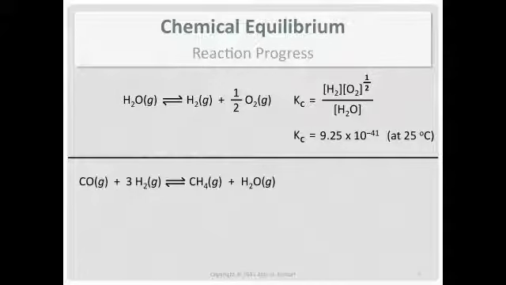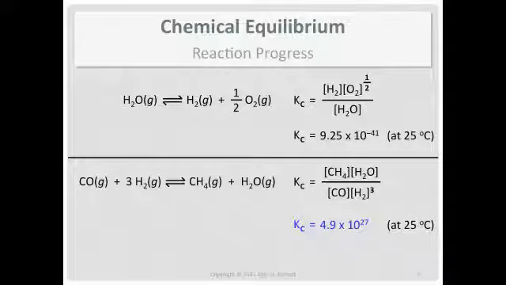Here's a methanation reaction that involves carbon monoxide and hydrogen gases, which makes methane and water vapor. We can write an equation for that. And then I go and get the equilibrium constant. At 25 degrees Celsius, it's 10 to the 27th.